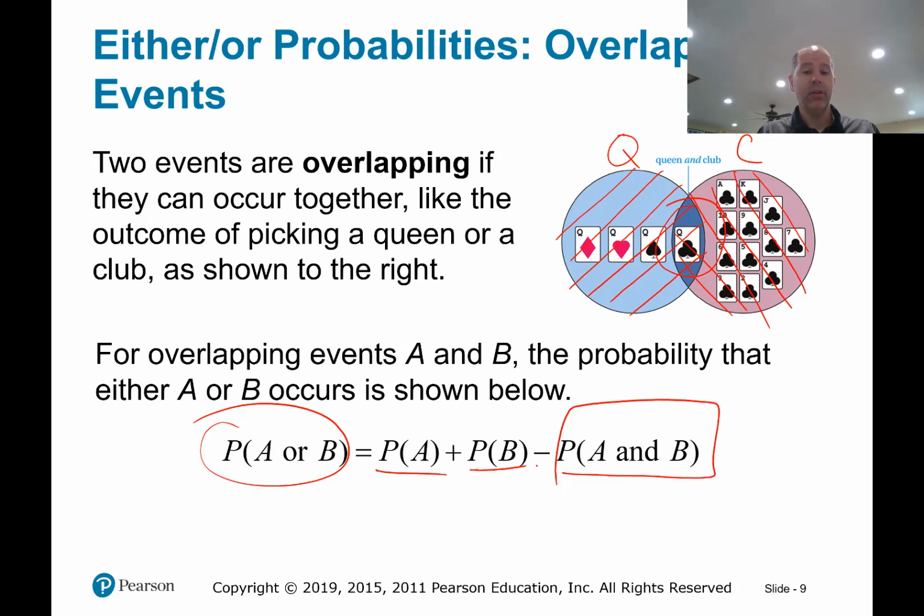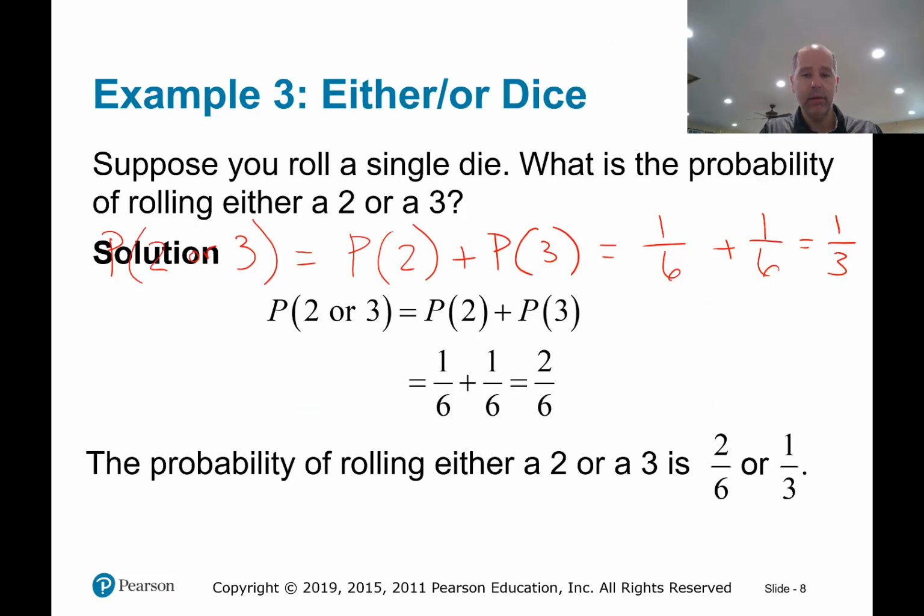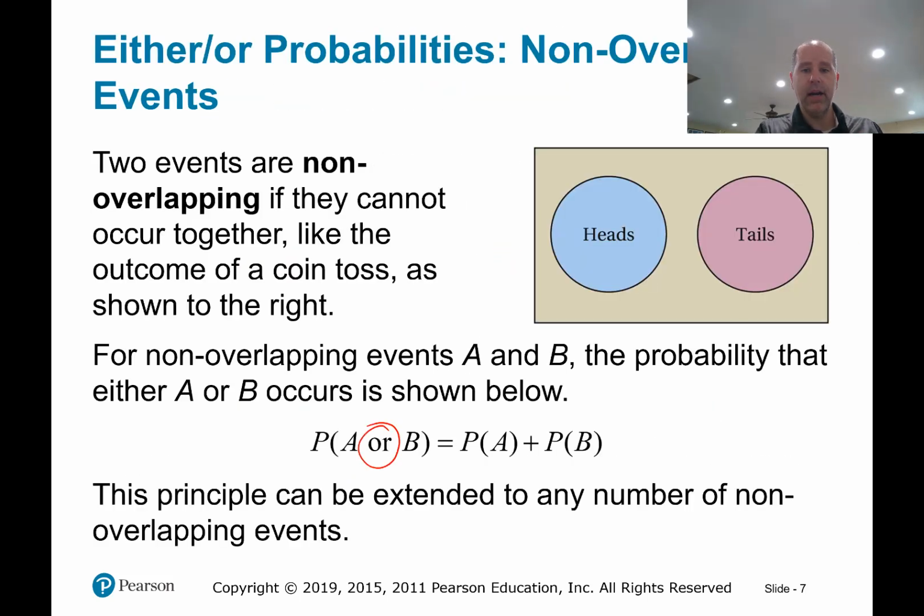Now, the cool thing is think about this. What if they are mutually exclusive? Then what is the probability of getting both? If we go back to here, what's the probability of getting a heads and a tails on a single flip of a coin? Well, what's the probability? There's no overlap. So what's the probability of them happening at the same time? 0.